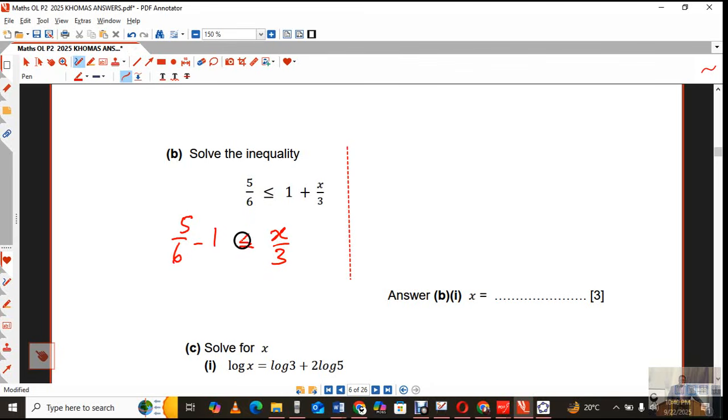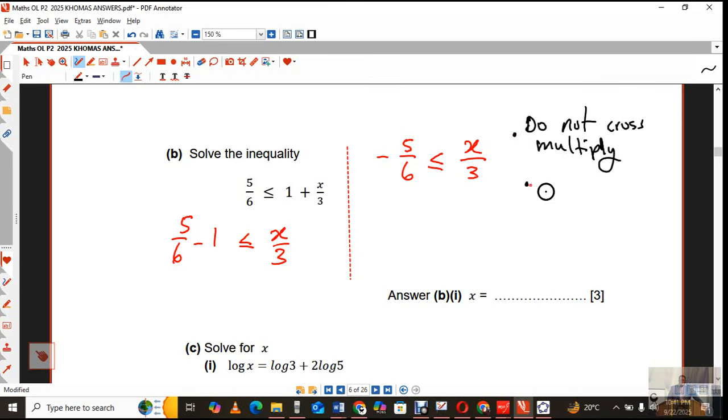Right, so when you do this, you're going to get negative 5 upon 6. That is what you're going to get. And you do not cross multiply, please. Do not cross multiply across inequalities. Okay, that's one. What you're going to do is we're going to make the denominators the same.